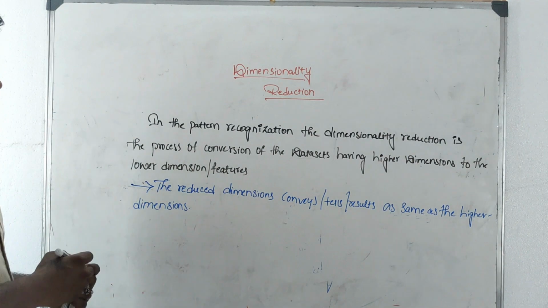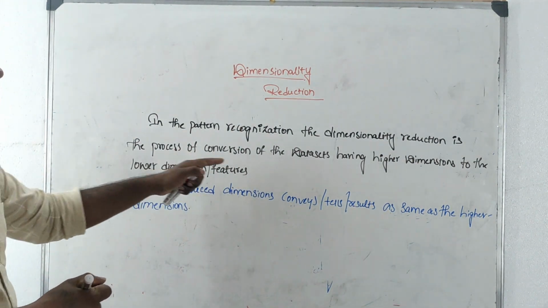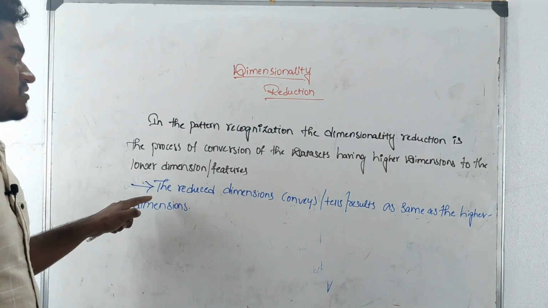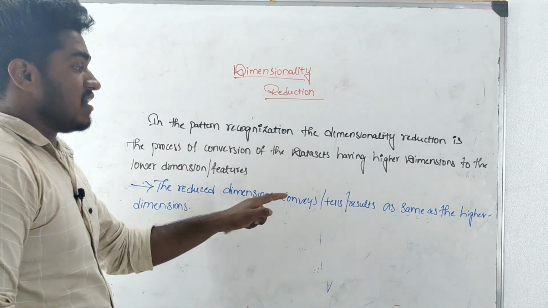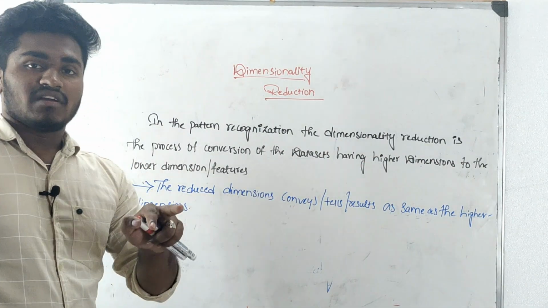So dimensionality reduction is a process of conversion of data sets having higher dimensions to lower dimensions, and the reduced dimensions give the same results as the higher dimensions.